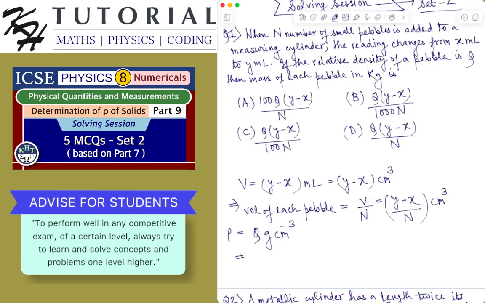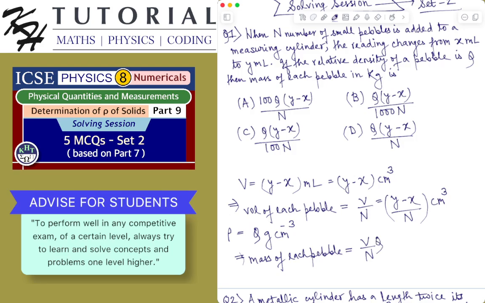So this implies that the mass of each pebble will be equal to volume multiplied by the density. So basically it will be V by N multiplied by, not rho but Q, since the density is capital Q gram per centimeter cube.